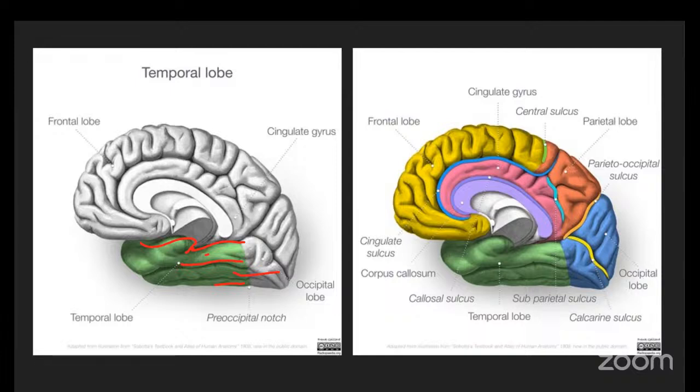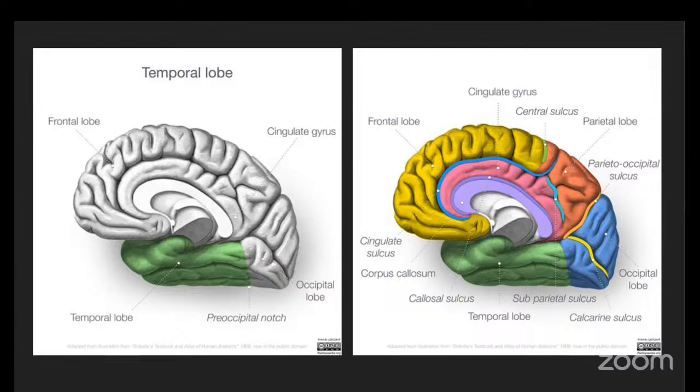Okay, we will come back to it later in the presentation. It's not a commonly known gyrus, so that's okay if you don't know. It is the fusiform gyrus. That's right. This is the fusiform gyrus. It sits between the parahippocampal gyrus and the inferior temporal gyrus.